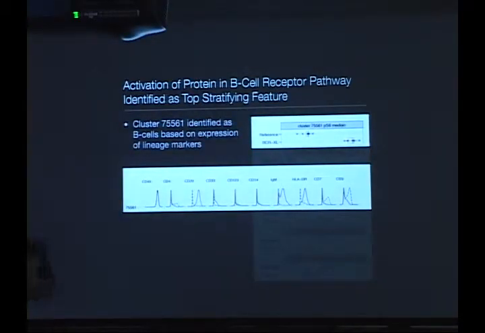If we plot these histograms, where, can you tell that this is red? Okay, so the red lines show the abundance of the surface markers in cluster 75561, the important one, and the black dotted line shows everything else. So we can see that cluster 75561 has relatively high levels of CD20, IgM, and HLA-DR.